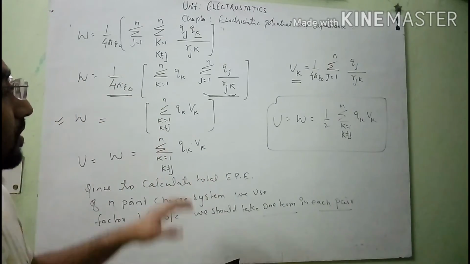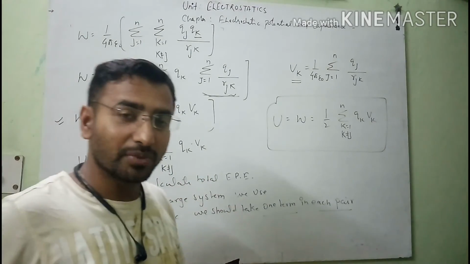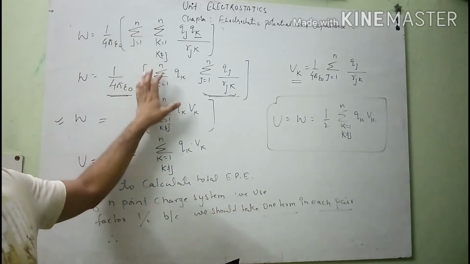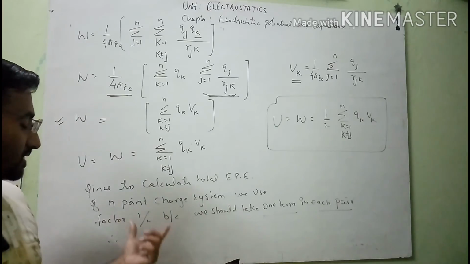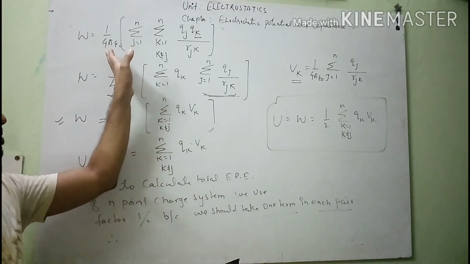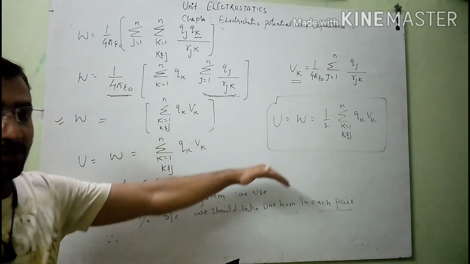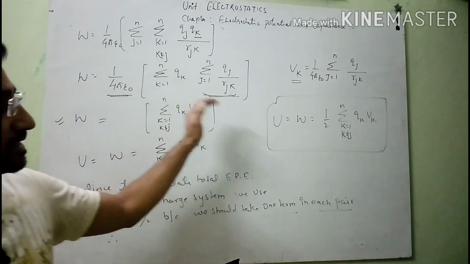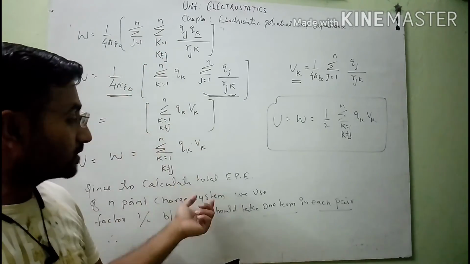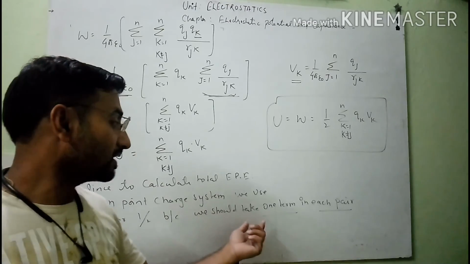So student, note down all the statements from here and try to understand each term and condition. Remaining all things are same, but the main concern is why we use half, because when we are calculating the potential energy in a systematic way from the initial step, you will see that we carry each term 2 times, but it should not be done by us.